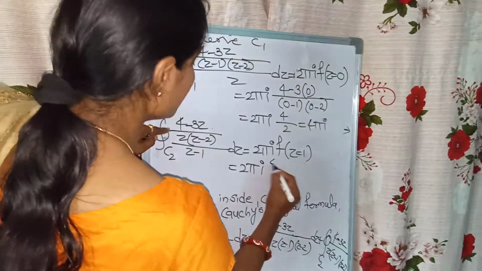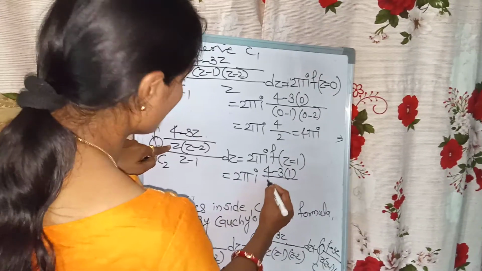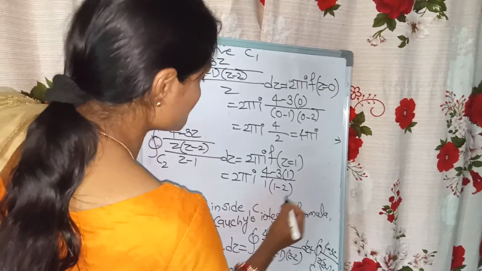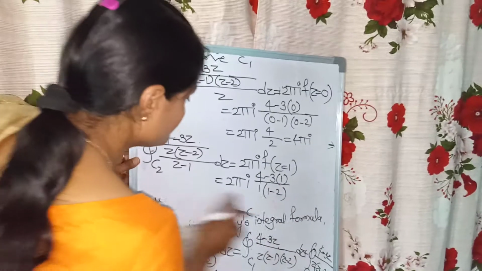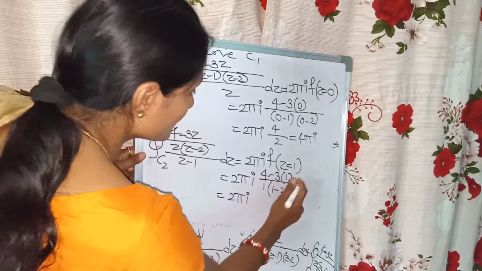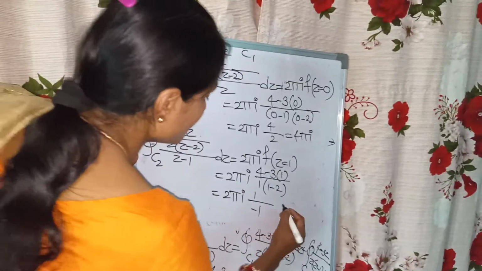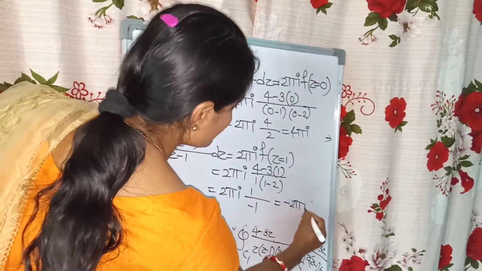So I will write here 4 minus 3 into 1 divided by 1 minus 2. Observe the value, which will be 2 pi i. 4 minus 3, that is 1. 1 minus 2, that is minus 1. So this will be minus 2 pi i.